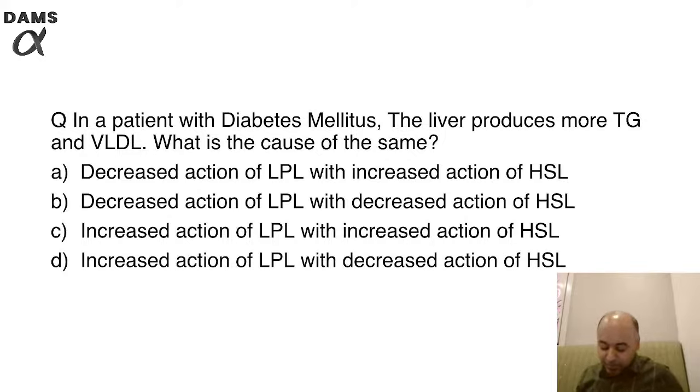Now, diabetes is a big pandemic today in our country, and that is why we are getting a lot of questions about diabetes mellitus, how it is regulated, which exercise you ask the patient to do, in what way the exercise is going to help, which hormones are activated, due to that hormone what is the effect on the TG level, what is the effect on VLDL level, how they are getting elevated.